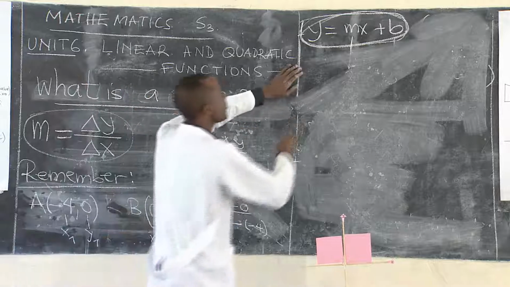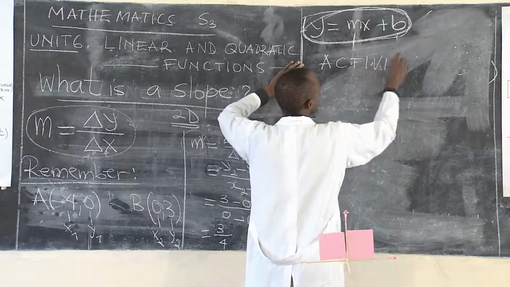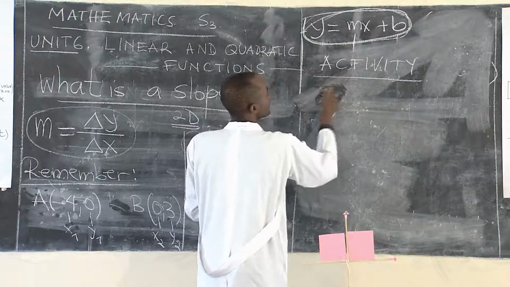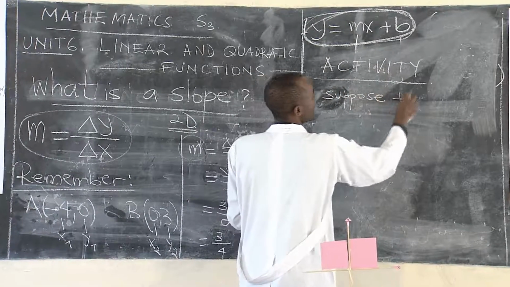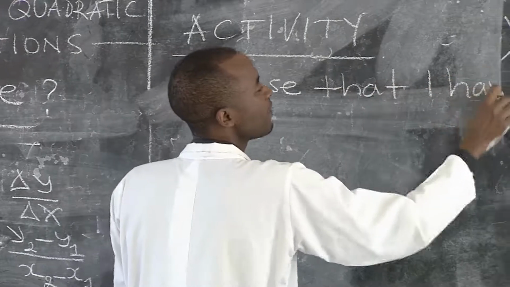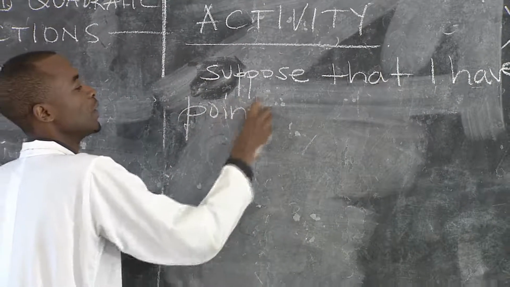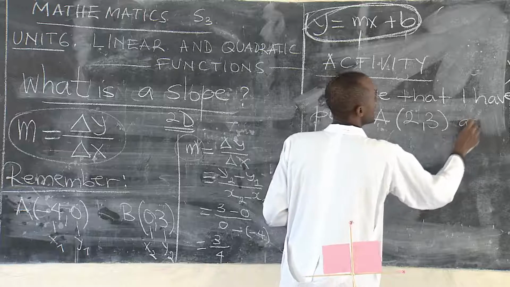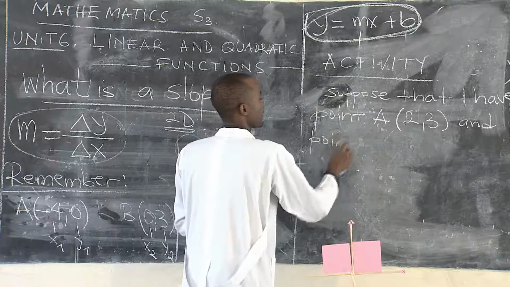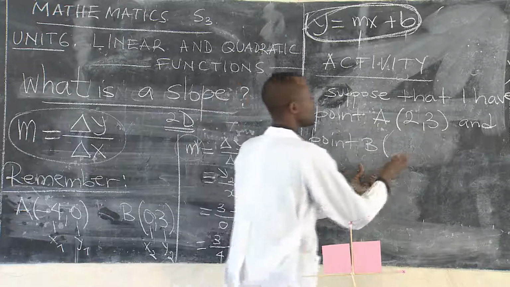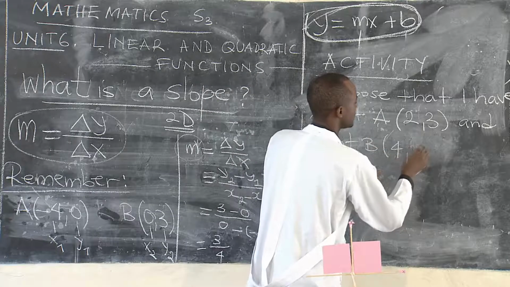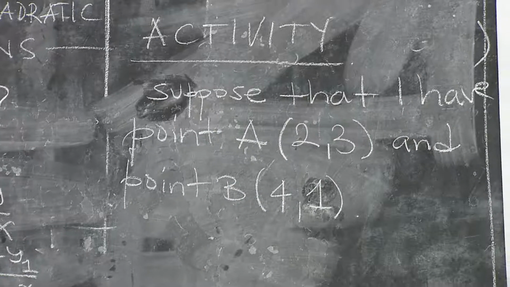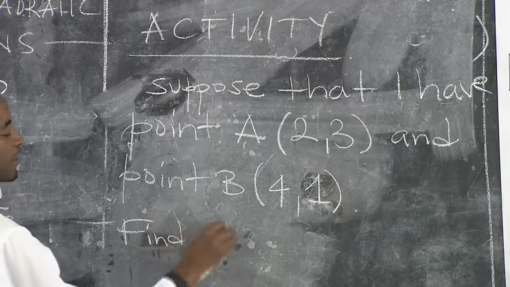Suppose that I have points A, which has coordinates 2 and 3, and points B, which has maybe 4 and 2, or maybe 1.